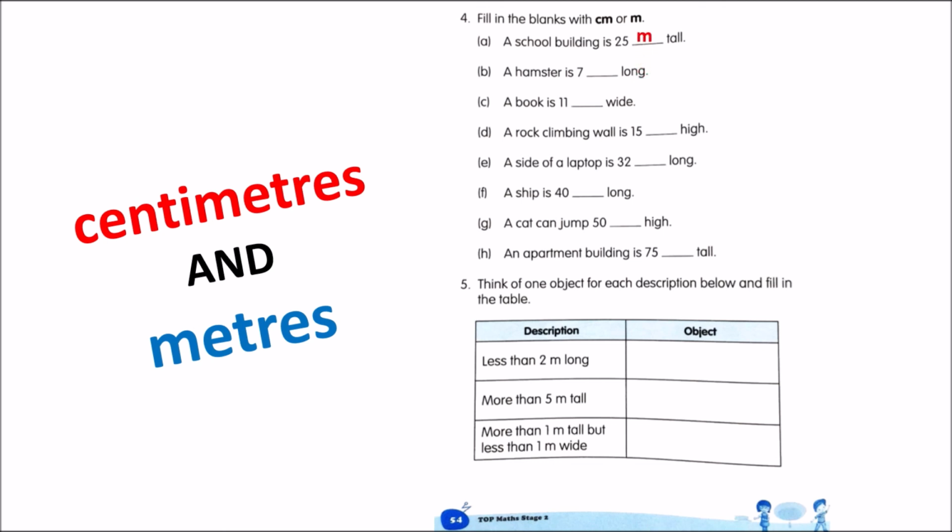So a school building is probably 25 meters tall. How about a hamster? A hamster is 7 centimeters or meters long. Yeah, I think a hamster is centimeters because he's really small. And you can do the rest on your own.